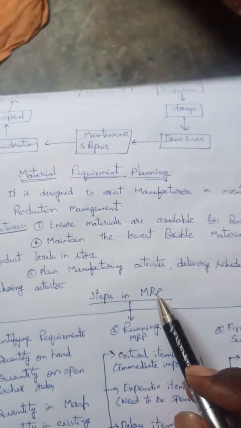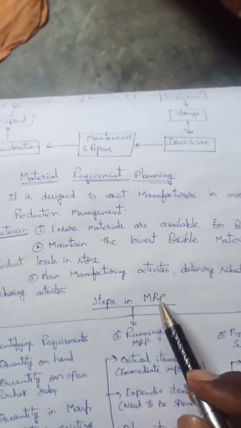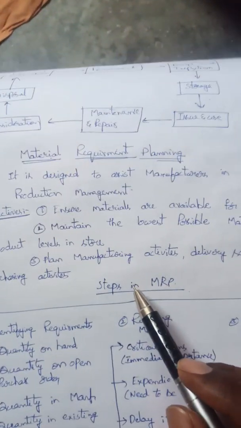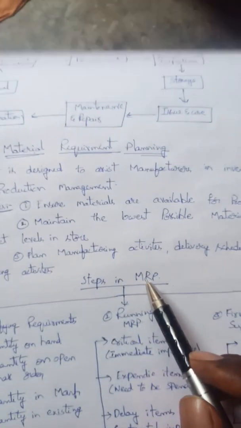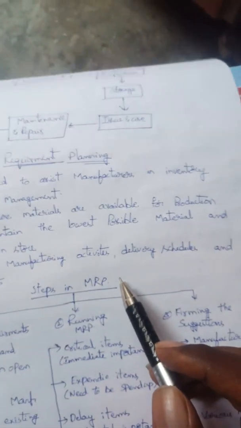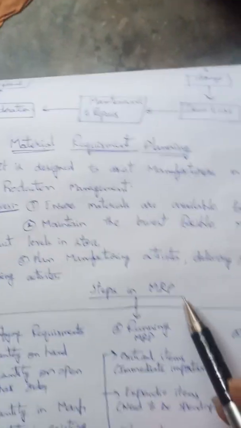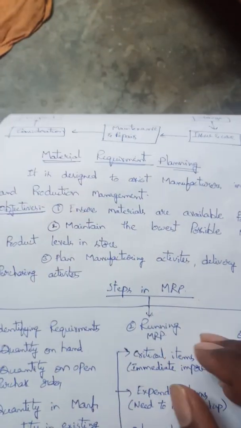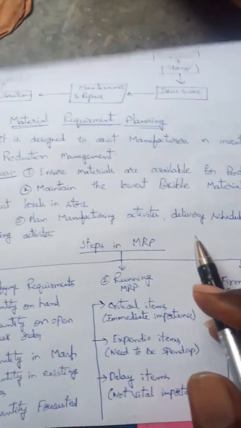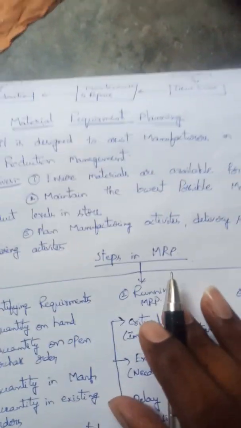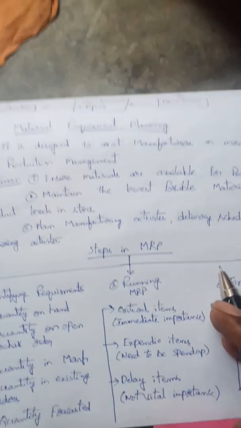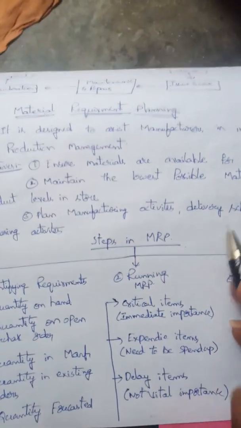They maintain a good contract between the manufacturer and the supplier. Then the third objective is manufacturing activities and delivering the product on schedule in purchasing activities. Okay, maintaining good, efficient manufacturing activities and delivery schedules within time. They have to manufacture whatever the products are.